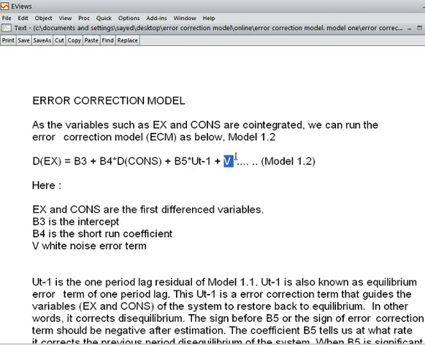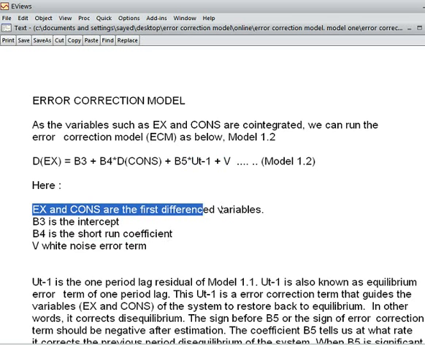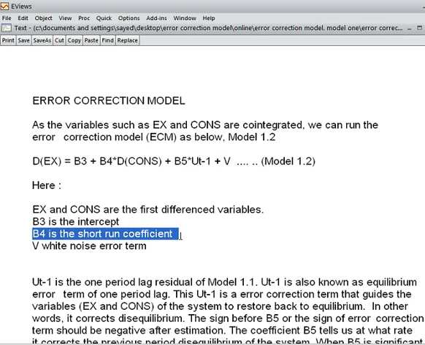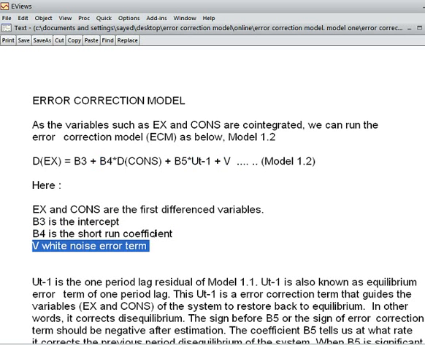And v is the white noise error term. I am telling again: here ex and cons are the first difference variables. B3 is the intercept. B4 is the short run coefficient. Make sure it is a short run coefficient, not long run. And v is the white noise error term.